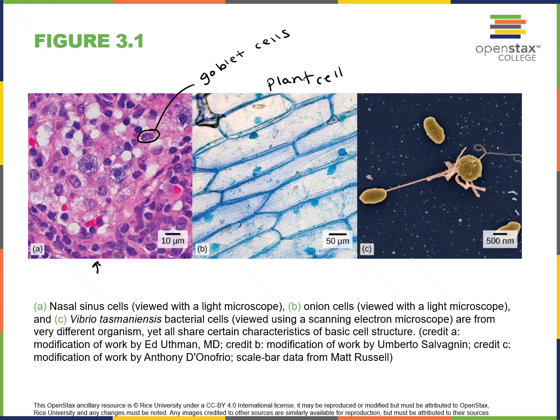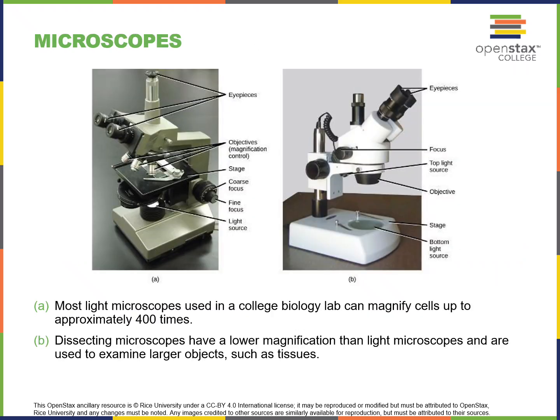And you can see the difference between the animal cells and the plant cells. The plant cells have a more uniform shape to them, and we'll talk about why that is. And then this third one are bacterial cells. And notice they don't look quite like either of them, and we'll talk about that later on.